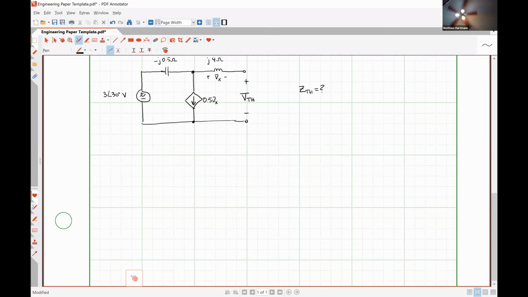Zero. Okay, so if Vx is 0, then how much current is being supplied by that dependent source? None. Right, so if no current is being supplied by the dependent source, it's supplying 0 amps. What does a 0 amp current source look like? It's just an open circuit. An open circuit. So we could redraw this guy.